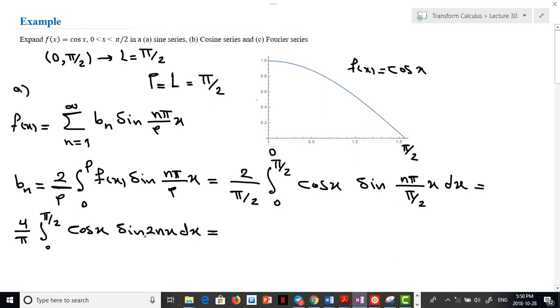We can use trigonometric identities to write cosine x times sine 2nx as a summation.